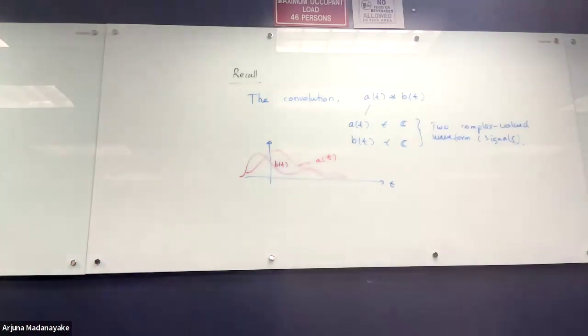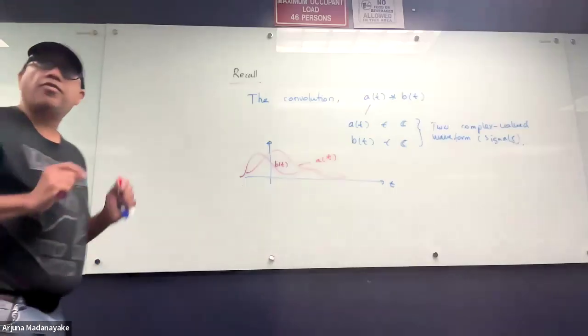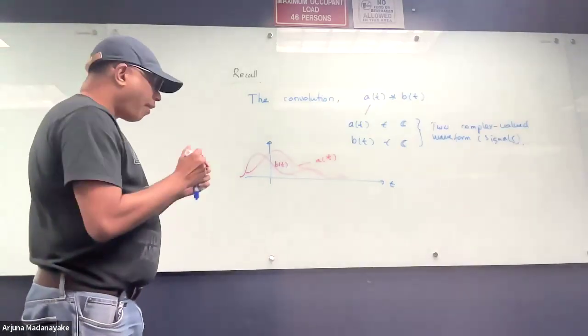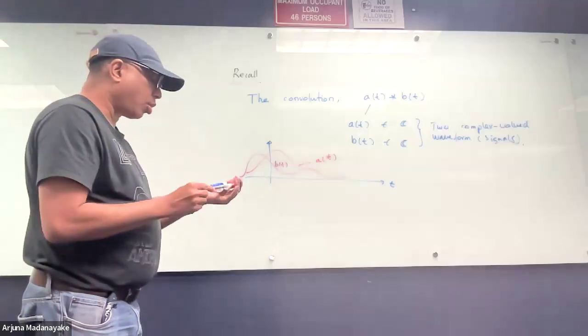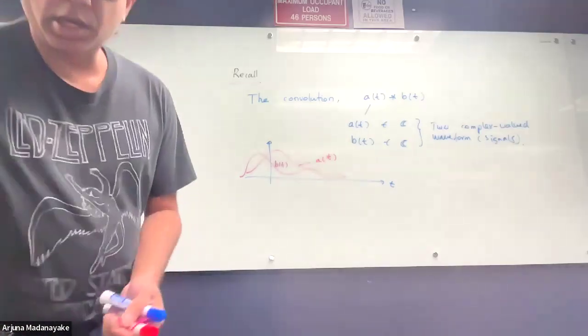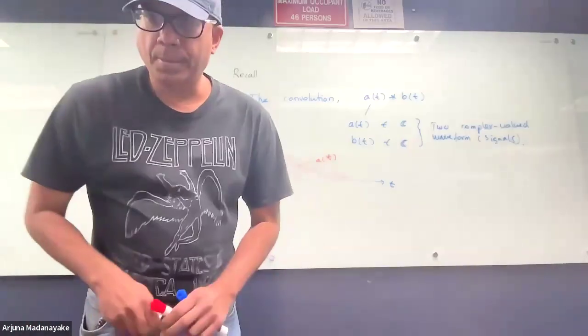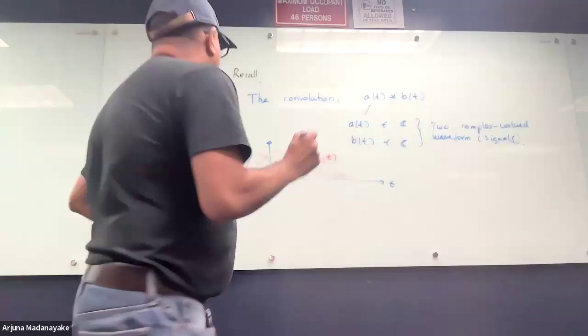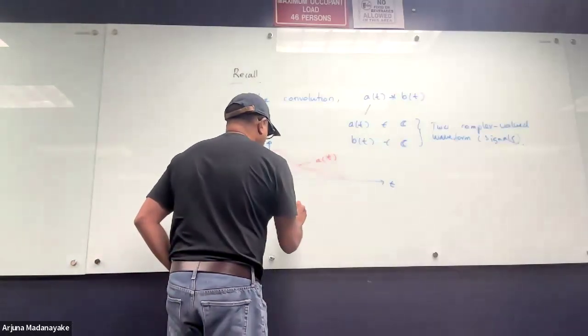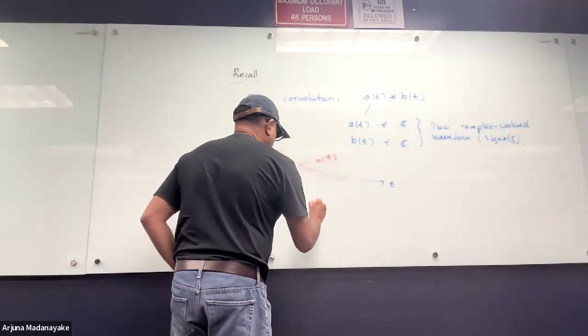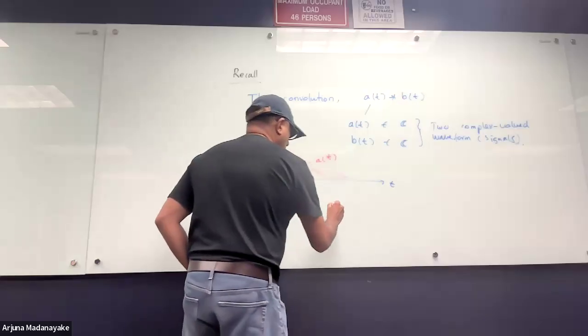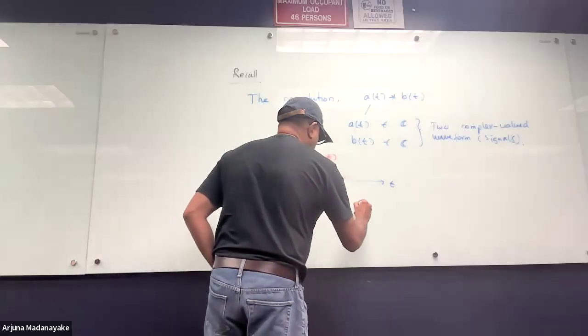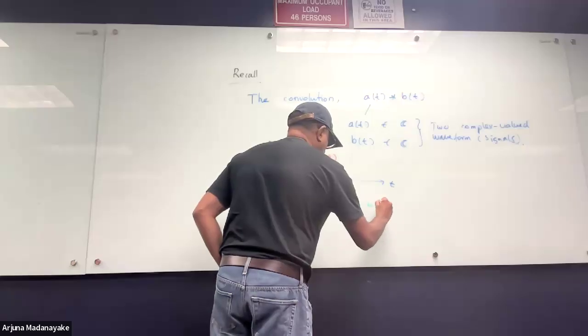So A of t and B of t are two functions defined in time. But I can define a new function. I'm going to call it C of t. It's defined as A of t convolution B of t.